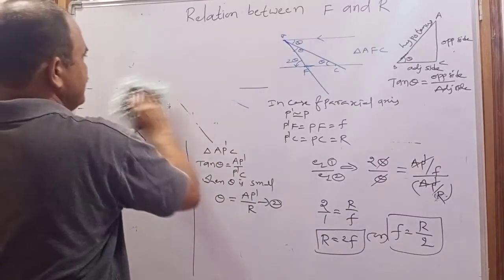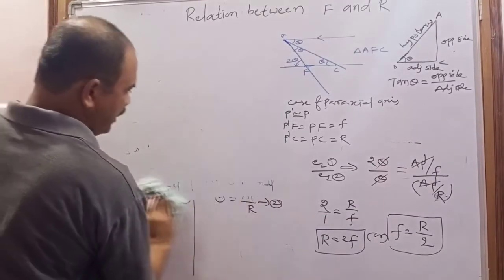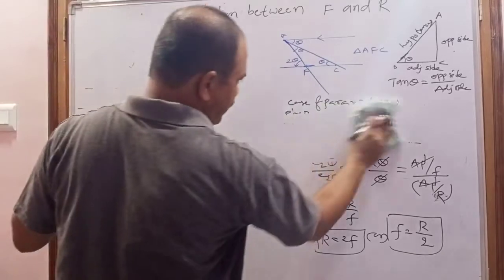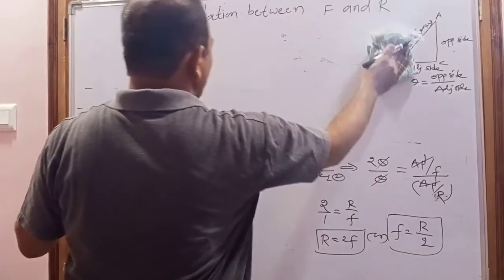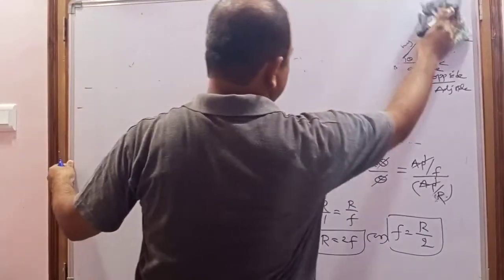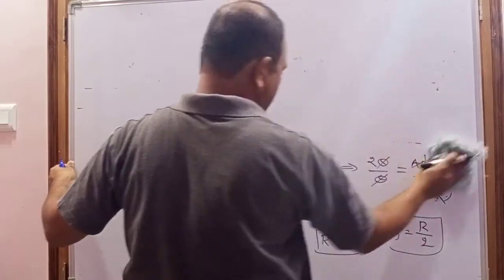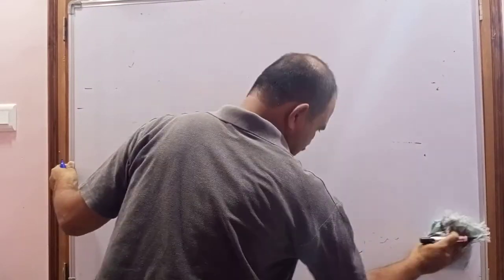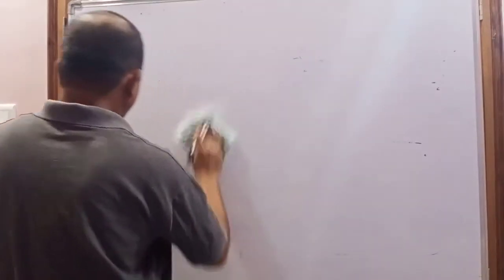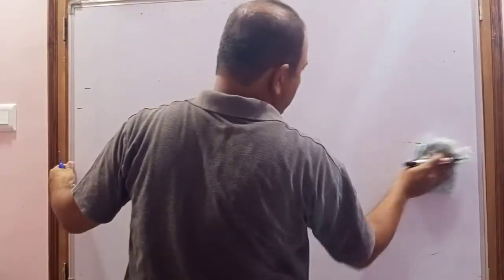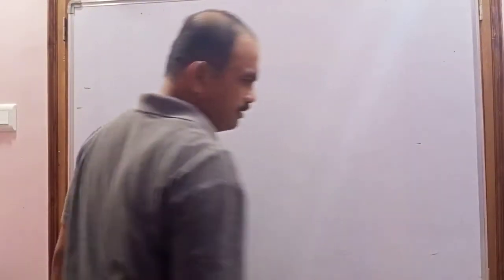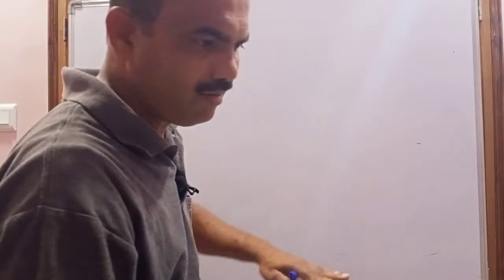Now come to the sign convention followed in mirrors. Which type of mirrors? Spherical mirrors. What is a convention? For example, when we are walking on the road, we follow a convention. Which convention? We always walk on which side?